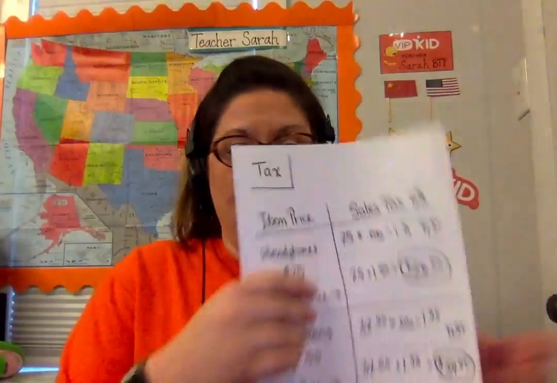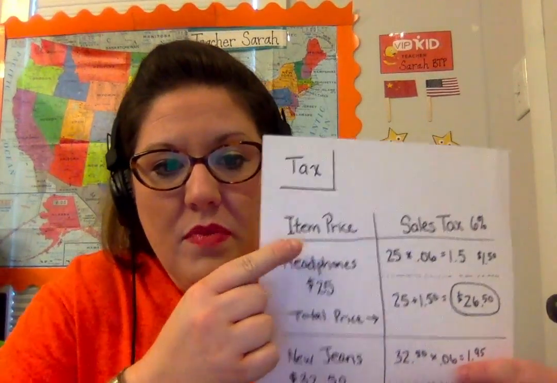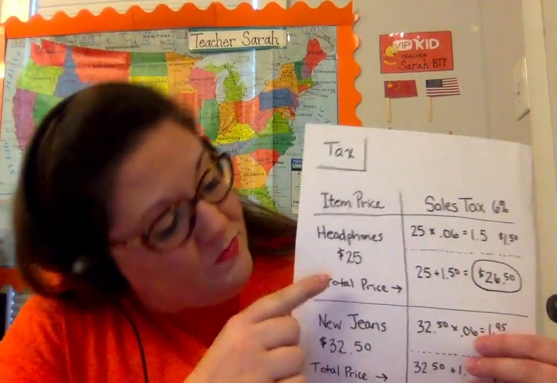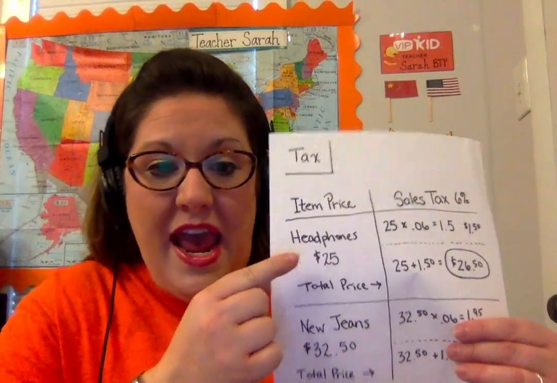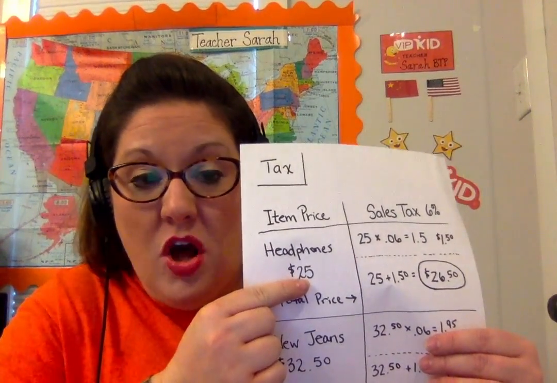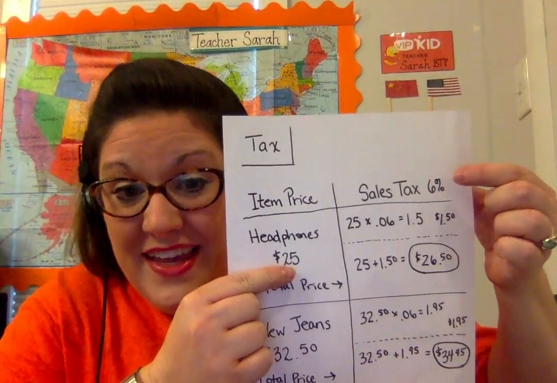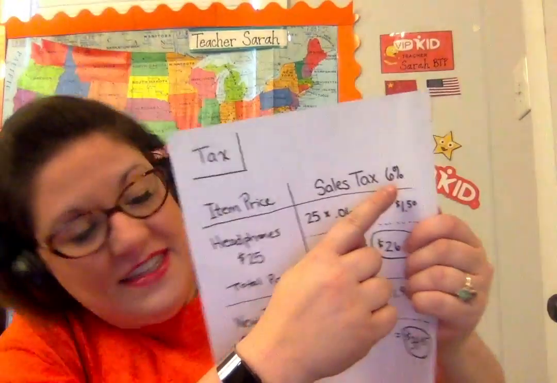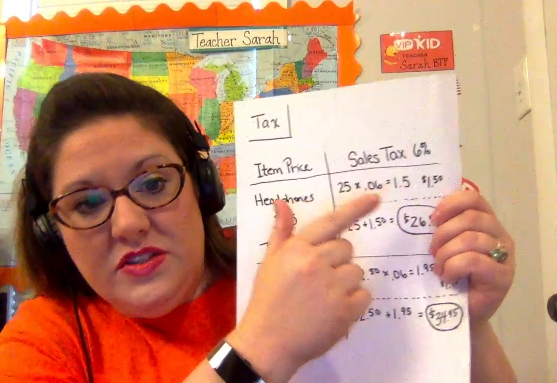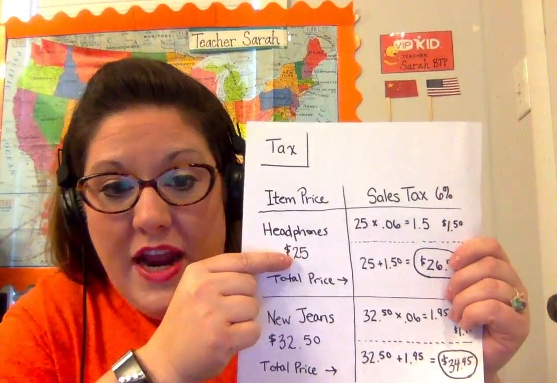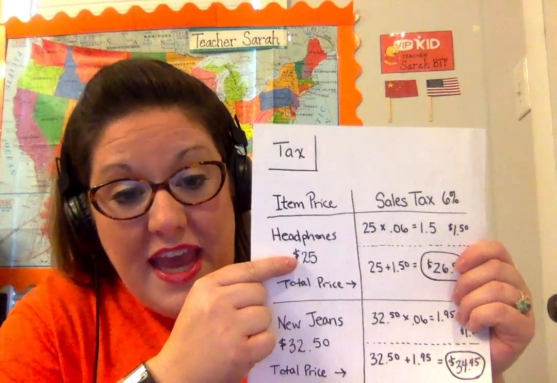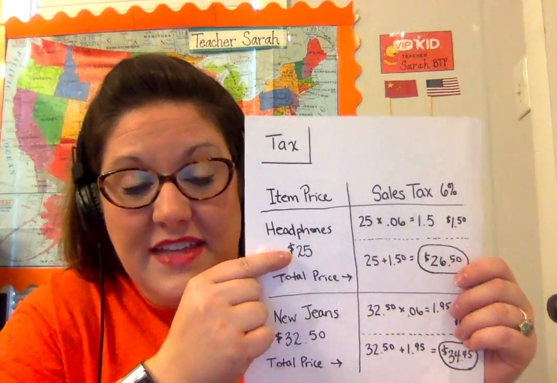All right, let's take a look at some examples that I've come up with that are real similar to what you'll find on your NTI assignment from Mrs. Wagner today. If we have an item, which is some headphones, and they're priced at $25, and in Kentucky our sales tax is at 6%, I first have to calculate how much sales tax that is going to be.